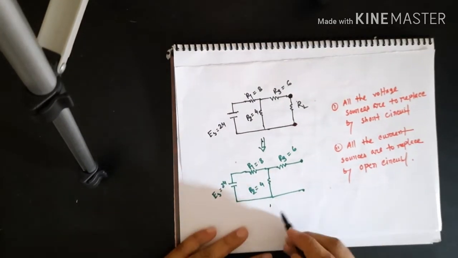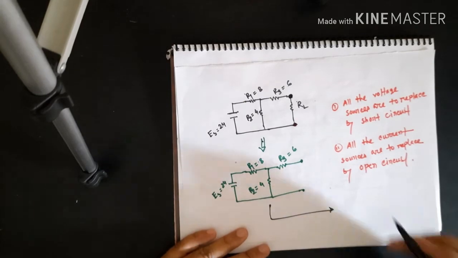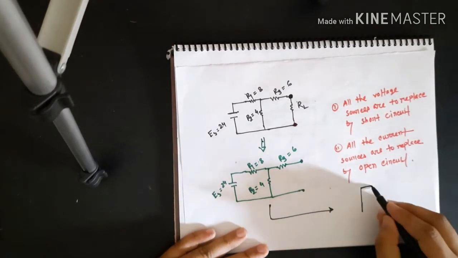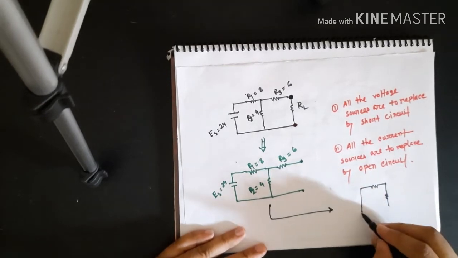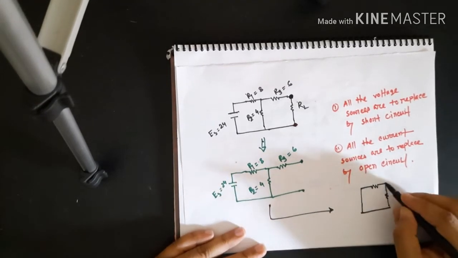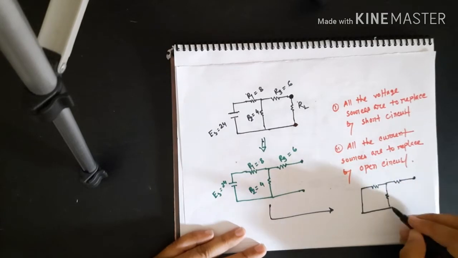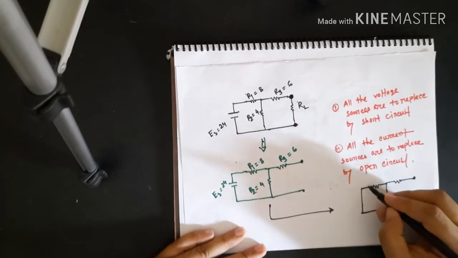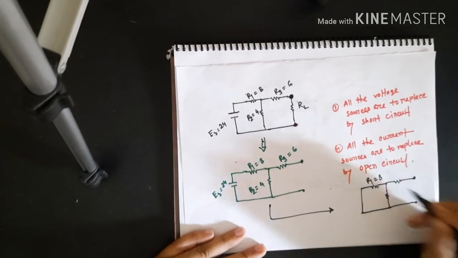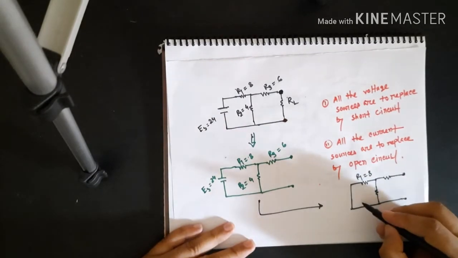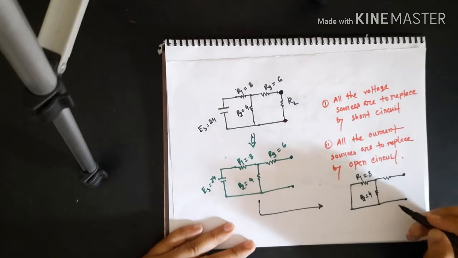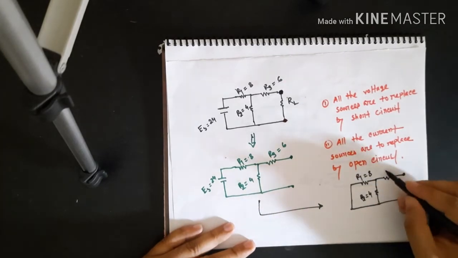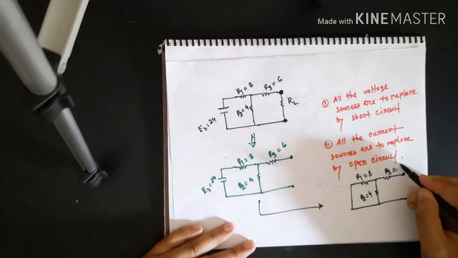As our circuit has only a voltage source and we have to replace it by a short circuit, here it becomes like this. R1 is 8 ohm, R2 is 4 ohm and R3 is equal to 6 ohm.